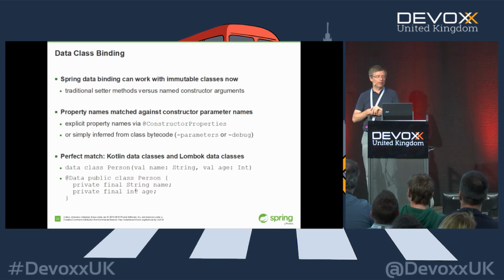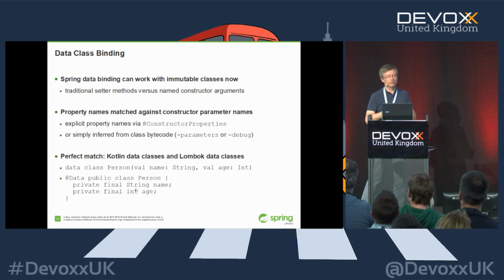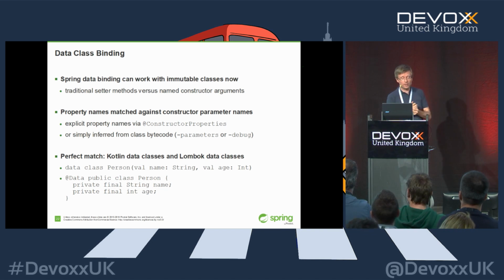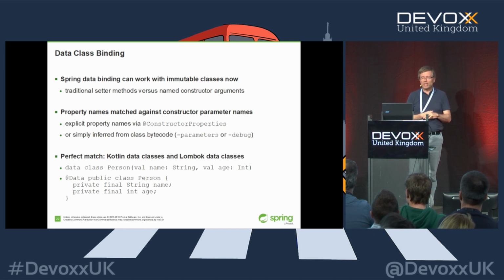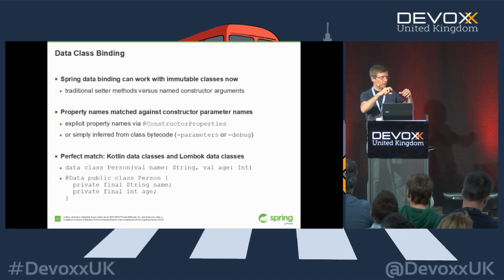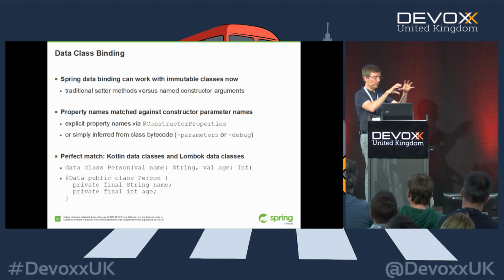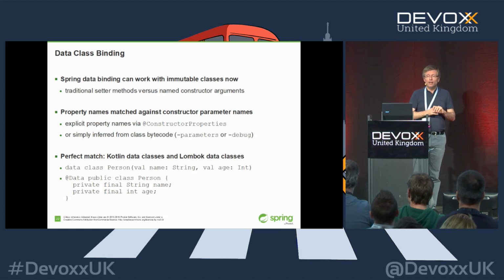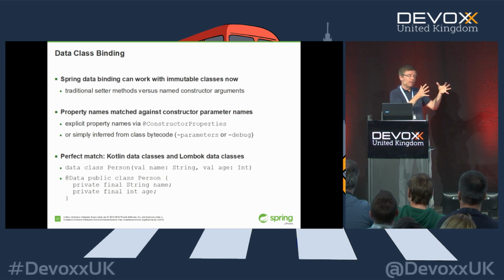We have, again inspired by the Kotlin theme but hiding underneath the covers, data class support. Whenever you use a Spring DataBinder, or a feature that uses it, like in Spring MVC when you bind parameters to an object declared in a handler method signature, we now check what kind of class this is.